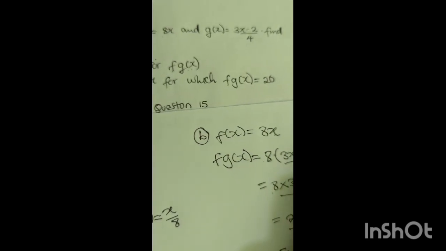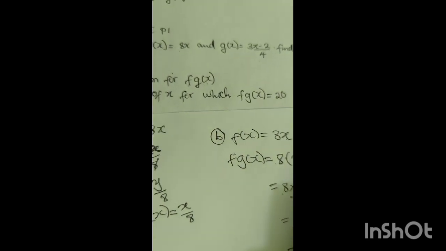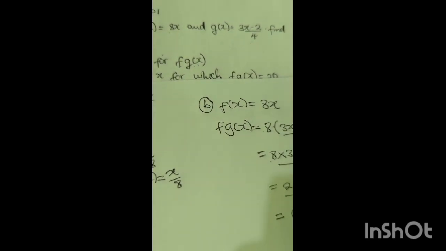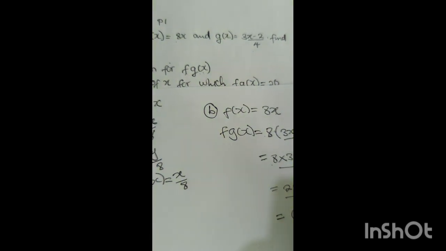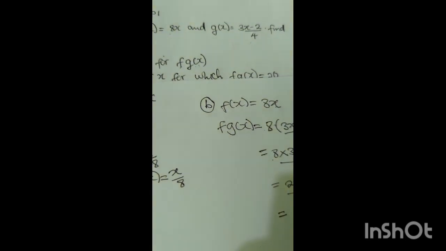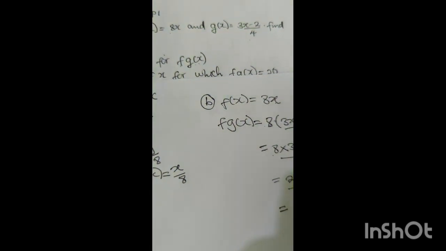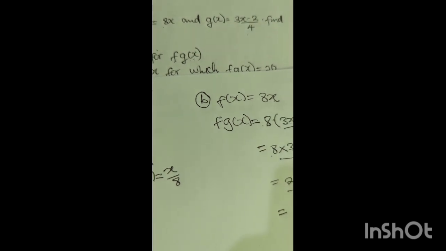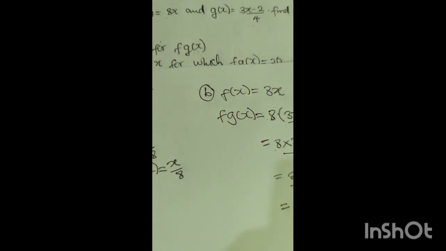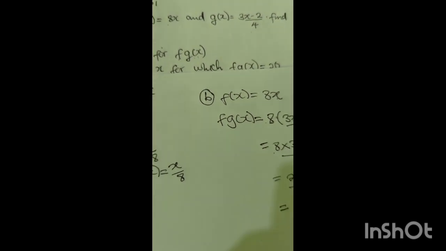And then now we have the last component, which is find the value of x for which fg of x is equal to 20. So as I said earlier, these questions are very connected. So you have to ensure that your calculations are accurate, because you might be asked to use your answer for A to calculate B, or use B to calculate C, or vice versa.